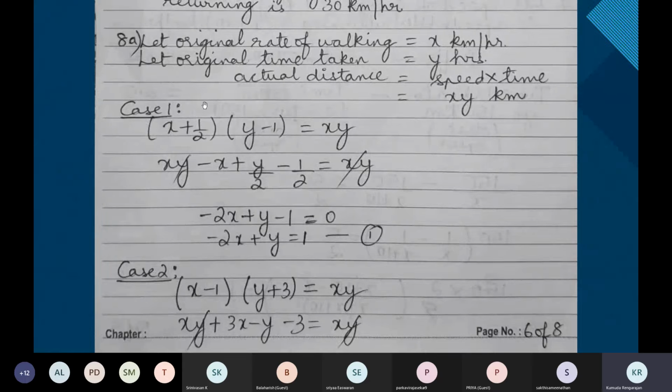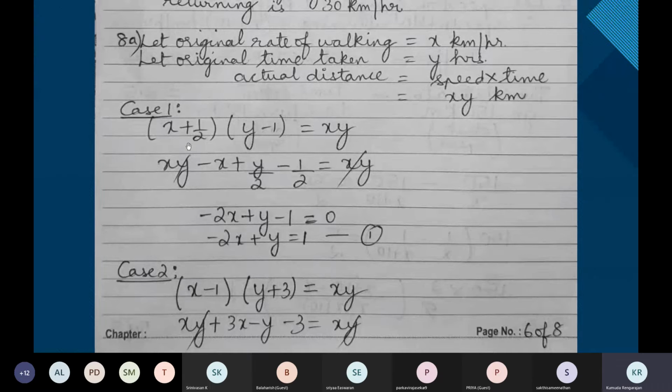So this new speed into the new time taken will be the same distance xy. The distance will not change.